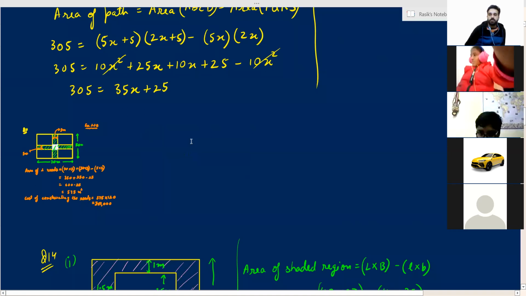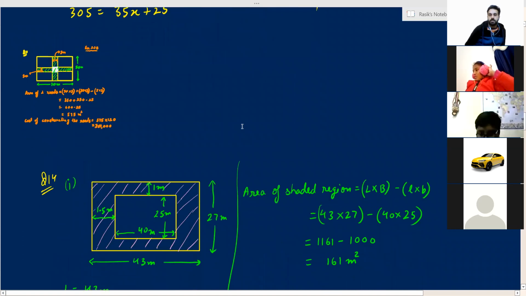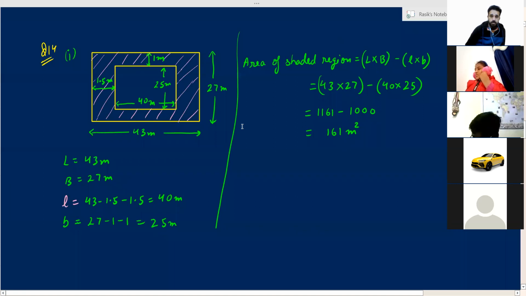We have to find the area of the shaded region. Now what to do? From the area of a square, you will subtract the area of both the roads. You will get the area of the shaded region. Am I right or not? Find the area of the roads, and then from the area of a square, subtract the area of the roads. One step is more.